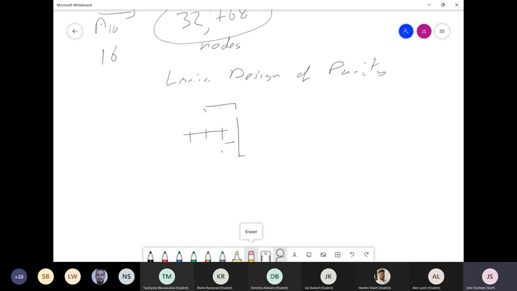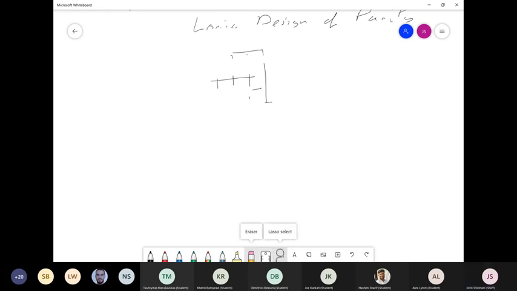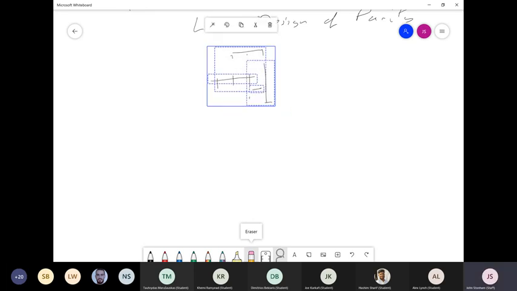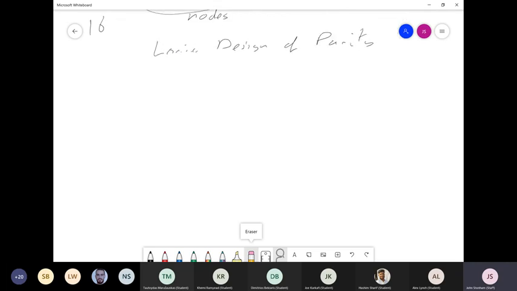Can't even erase that. It's locked again. Damned. Come back. Now please work. Got rid of it, right. 3-bit parity.